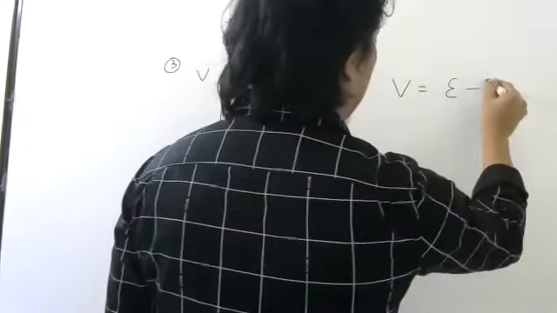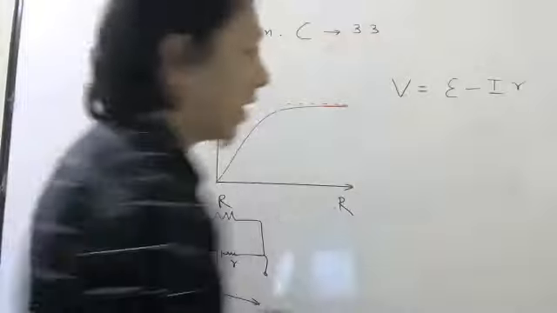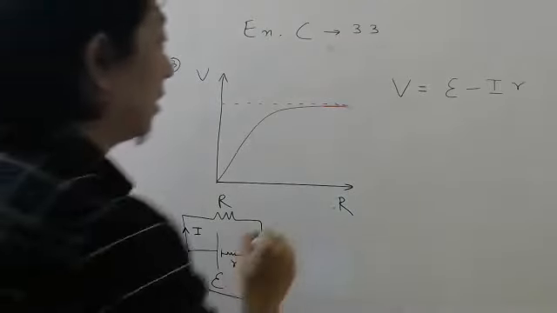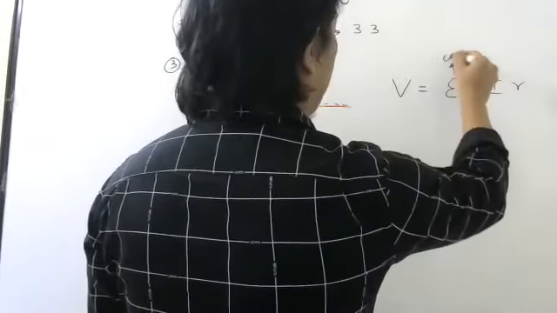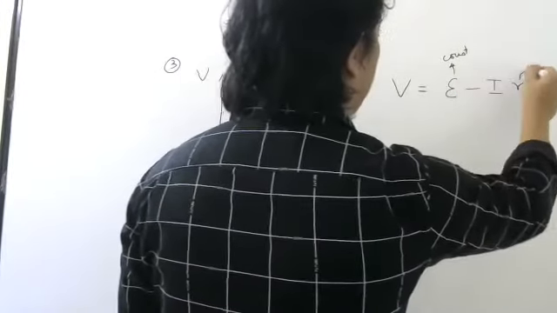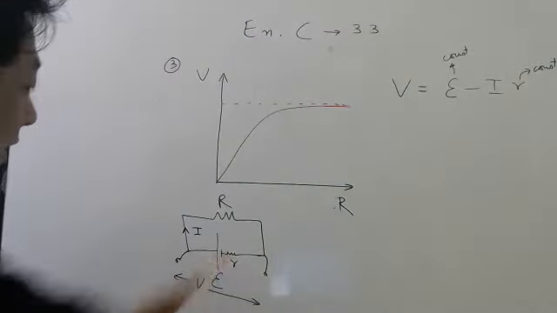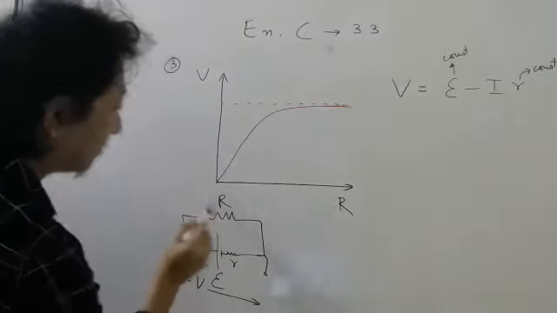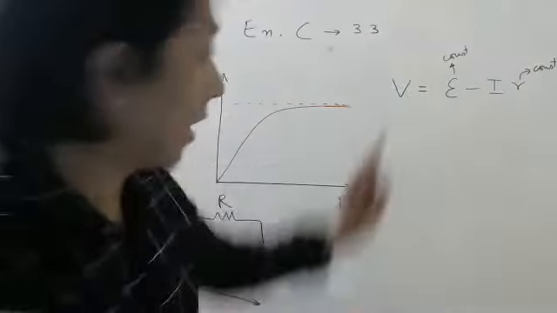E minus I into small r. Right? Yes or no? Okay. Now, E is constant because the battery is the same. This is also constant. So the battery they are keeping the same, only they are changing the external resistance. So these two are constant, which I don't mind. I can keep it here.